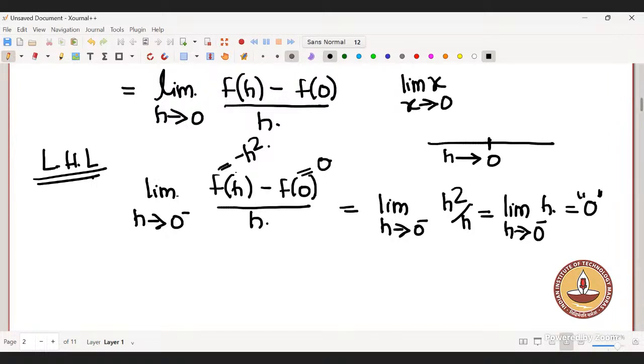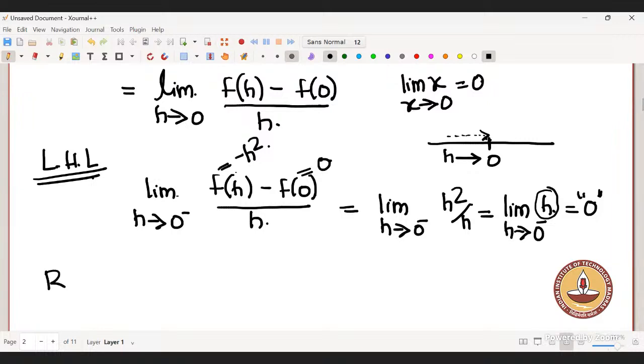That's 0. So instead of x, I have h here. I'm saying what is the limit of h where h tends to 0 negative, so I'm coming to 0 from the left hand side. That means the limit will be 0.